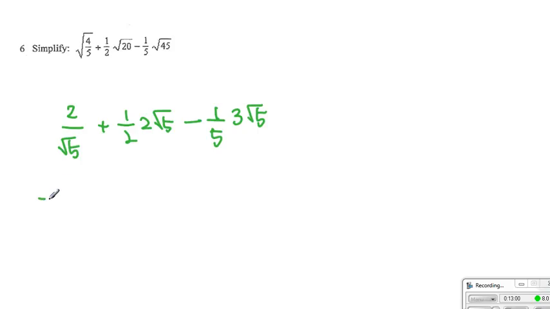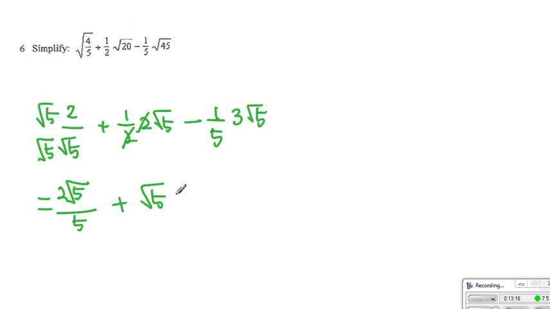To rationalize the denominator here, we end up multiplying top and bottom by radical 5, and we end up getting 2 radical 5 over 5 plus this 2 cancels out with this 2, radical 5, and minus 3 over 5 radical 5.